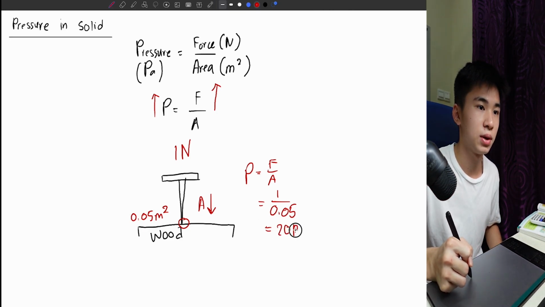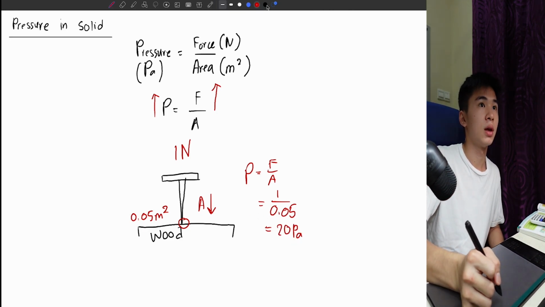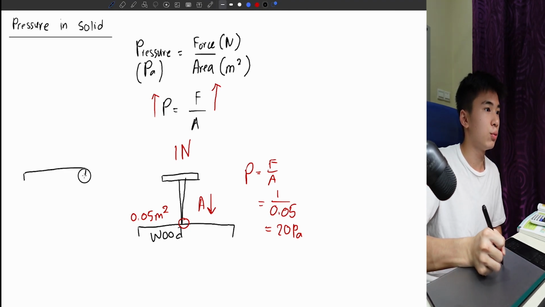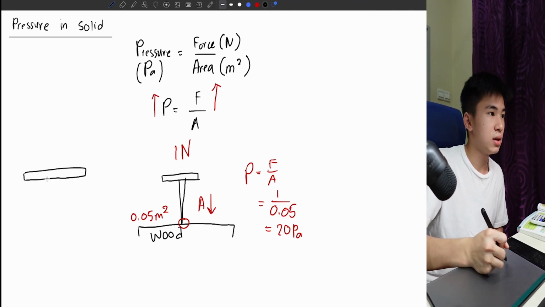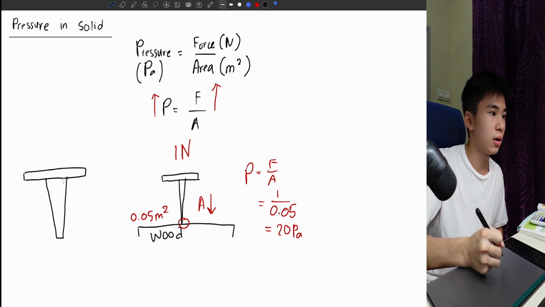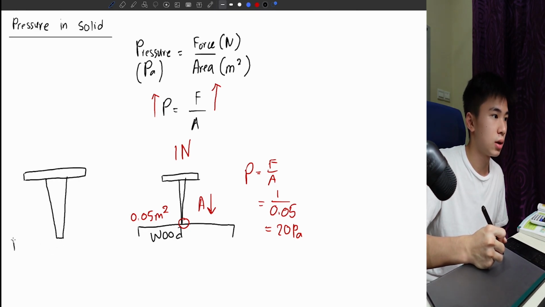It is going to be 20 Pa. If you want to compare it with a metal nail that is not that sharp, as you can see right here, the tip is not that sharp, and this will be our wood.